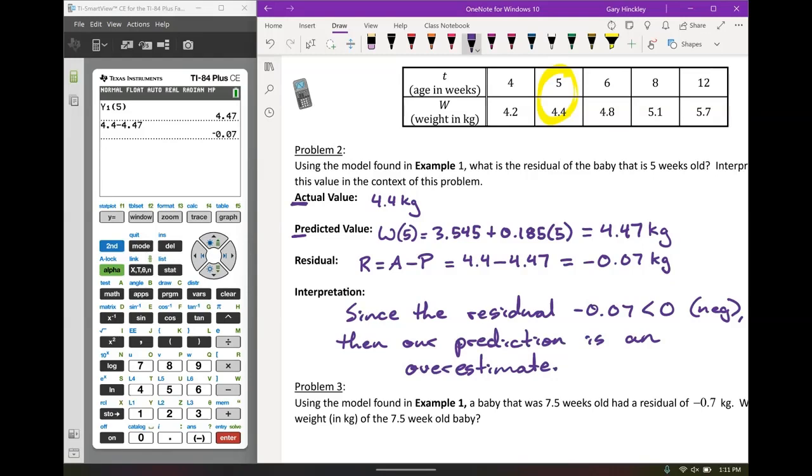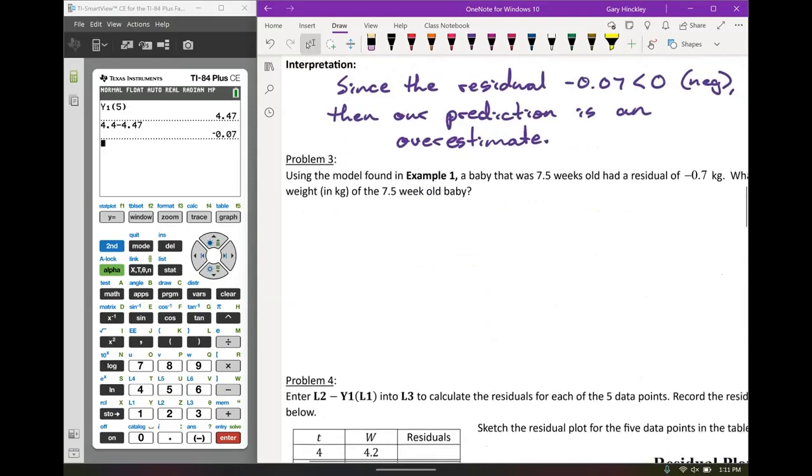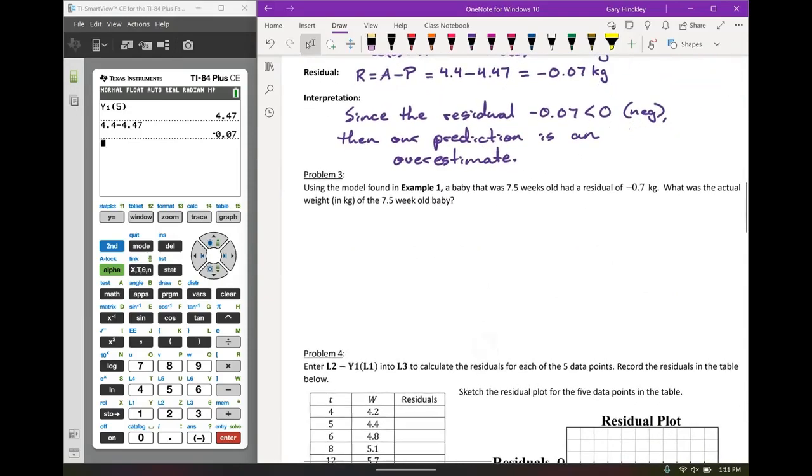Let's go ahead and do problem 3, and then that's probably where we're going to end for today. So problem 3 says, use the model found in example 1. A baby that was 7.5 weeks old had a residual value of negative 0.7. We got negative 0.07 there.